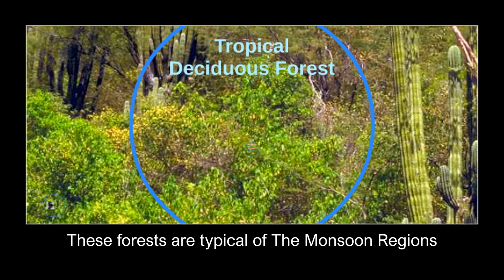Next comes the tropical deciduous forest. Now, since India is a monsoon belt region, large areas are getting about 3 to 4 months of heavy rainfall. Therefore, the entire country is under the effect of monsoon for about 3 to 4 months.